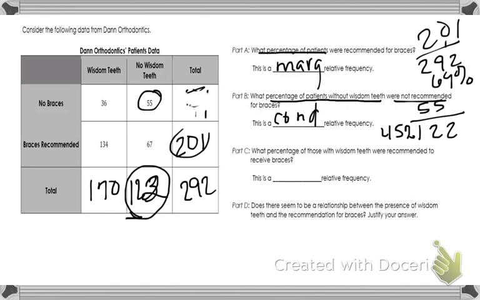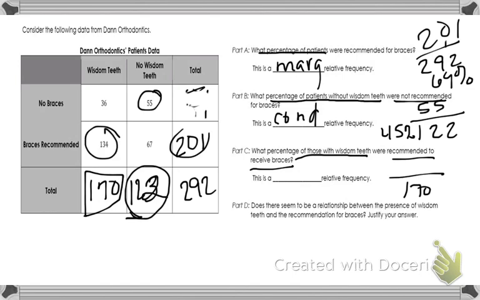What percent of those with wisdom teeth? So again, there's another condition. With wisdom teeth is 170. Were recommended to receive braces. So with wisdom teeth, recommended for braces is 134.